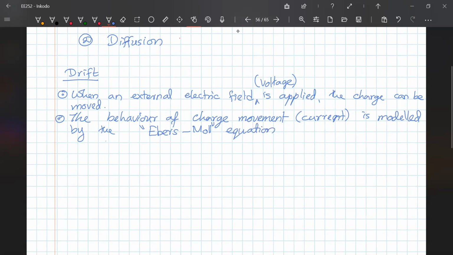And what is the Ebers-Moll equation? For short, we say EM equation. Ebers-Moll equation.